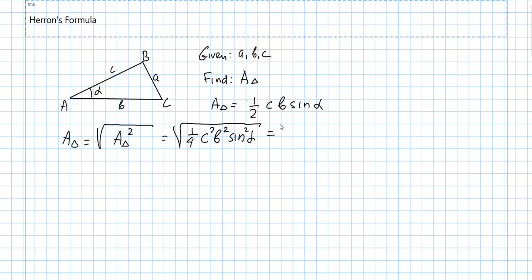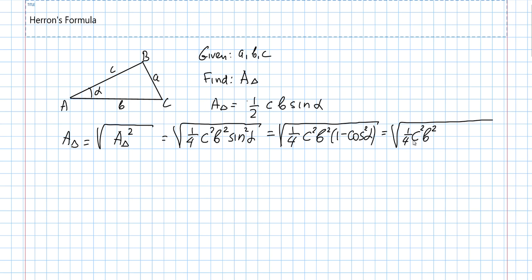I will use the main identity that sine square alpha plus cosine square alpha equals 1. Therefore, I can write 1/4 c square b square times sine square alpha, where sine square alpha is 1 minus cosine square alpha. So the square root of 1/4 c square b square times 1 minus cosine square alpha.